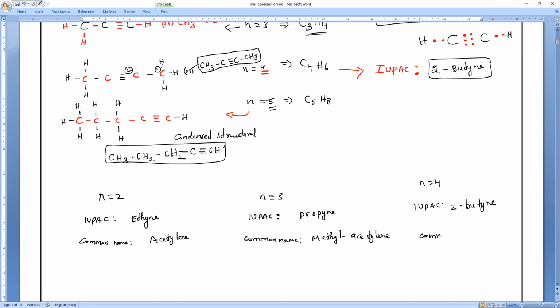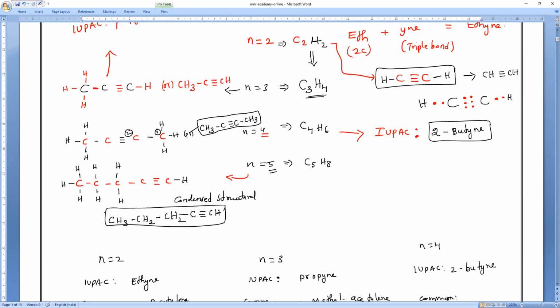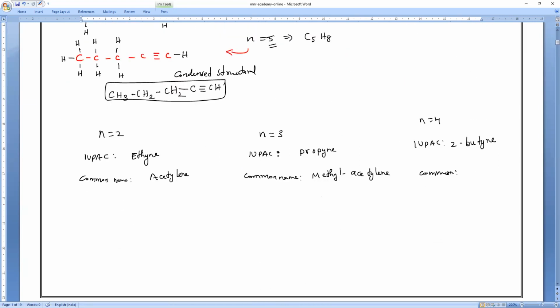Next, the common name. See here, there are 2 methyls. Understand, Mr. Vijay? Two methyls are there, one methyl on one side and another methyl on the backside. Observe very carefully. So what is the 2-butyne structure? Draw, everyone. 1 carbon, 2 carbon, 3 carbon, and 4 carbon. The second and third carbons have what bond?